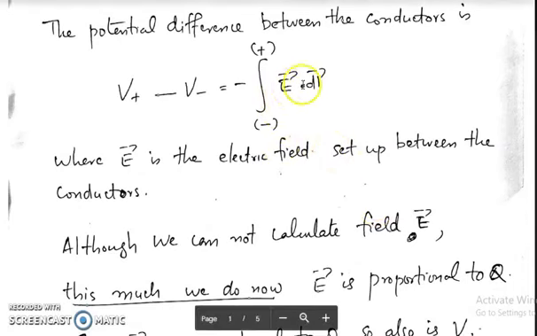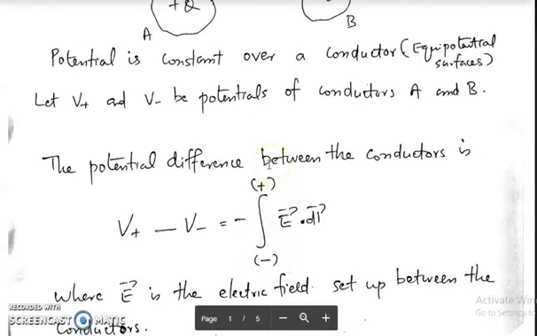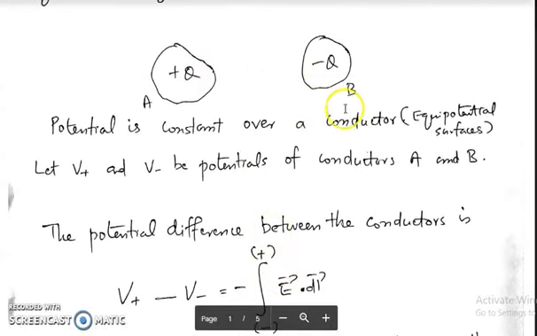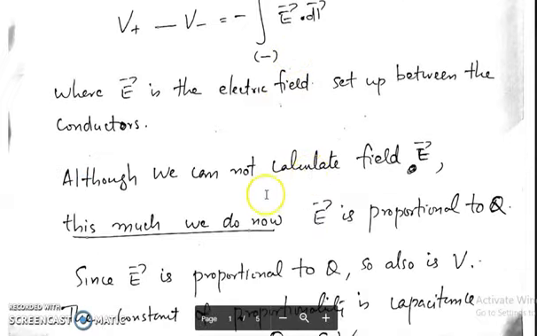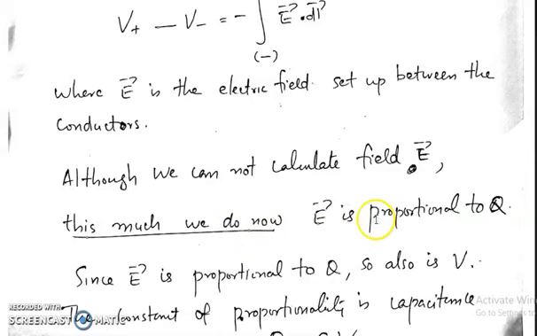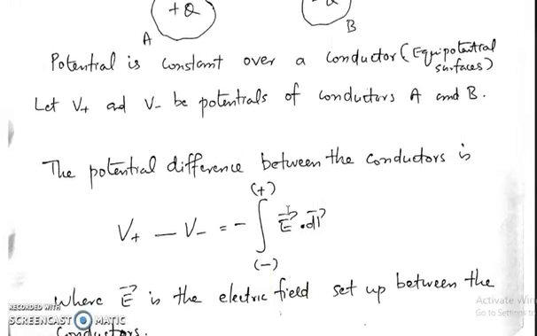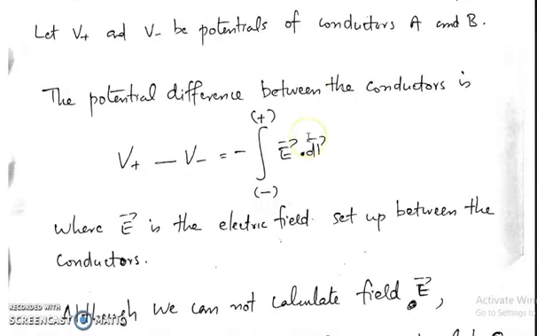Now we cannot calculate the electric field E exactly in between these two, but this much we do know, that E is proportional to Q. By Coulomb's law, the electric field is proportional to the charge.